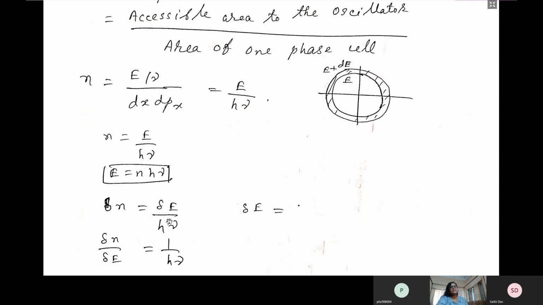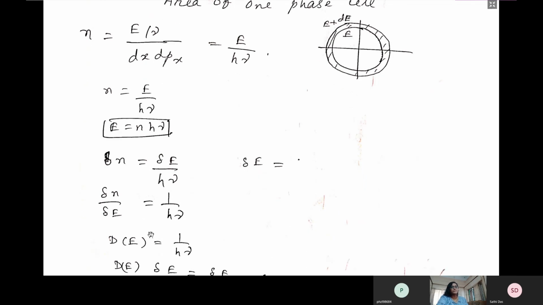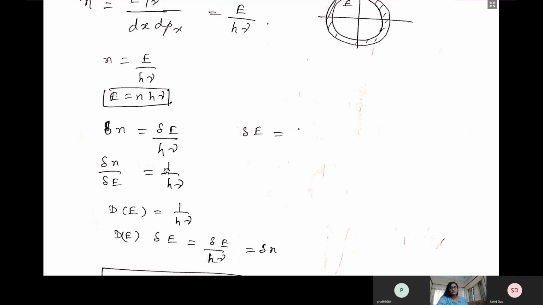Now delta n, that should be delta E by h nu for within the energy range E to E plus dE. So delta n by delta E can be written as 1 by h nu, and delta n by delta E is the density of state, that is number of energy levels per unit energy range.